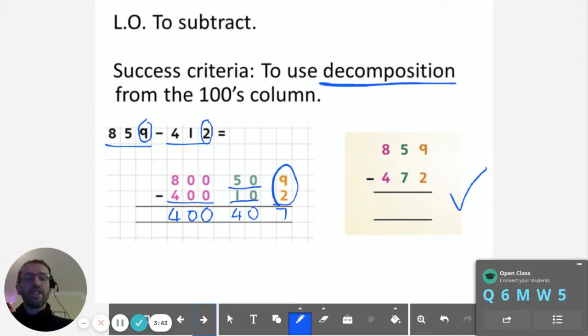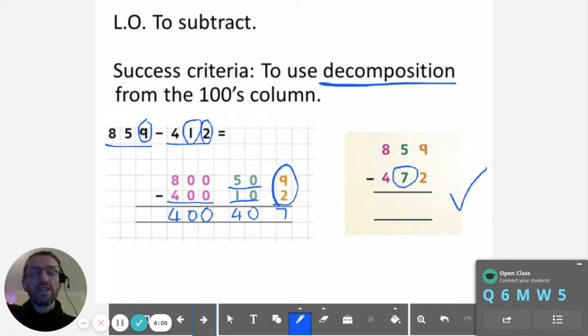You can see something's changed in this sum. Instead of 859 take away 412, I've got 859 take away 472. That's right. The 7 in the tens that we're taking away is much bigger than the 1 in the tens that we were taking away.